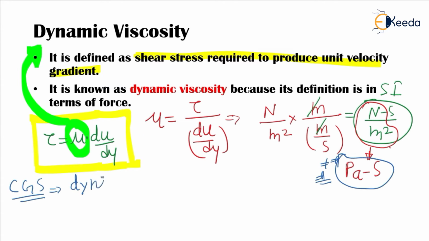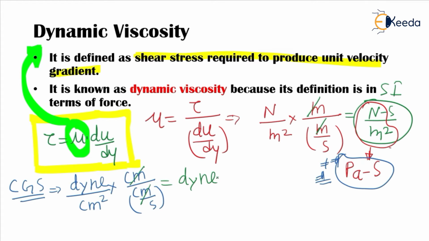Force, that is dyne per centimeter square, multiplied by centimeter divided by centimeter per second. In that case, if you go with this, you will again get centimeter and centimeter cancelled out. So you can have it as dyne second per centimeter square.